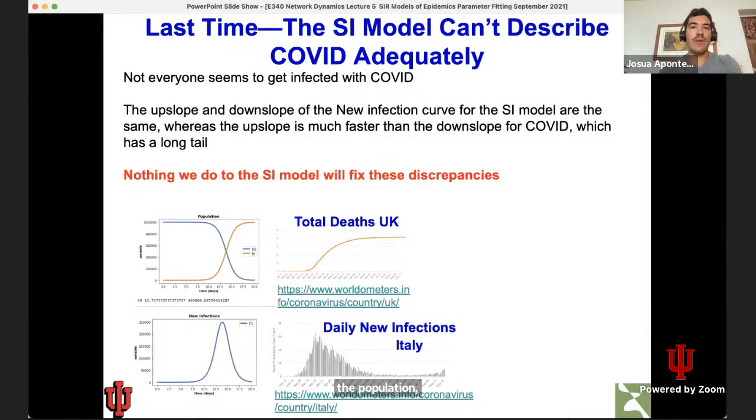As I mentioned, the SI model that we looked at at the beginning of the class is insufficient to explain certain types of diseases, especially those epidemics or diseases where individuals develop long-term immunity. At least last year when we were discussing this class, by this time we really didn't know how long immunity was for COVID-19.